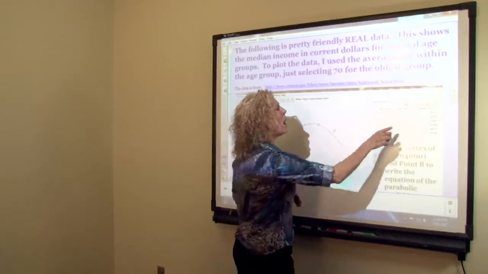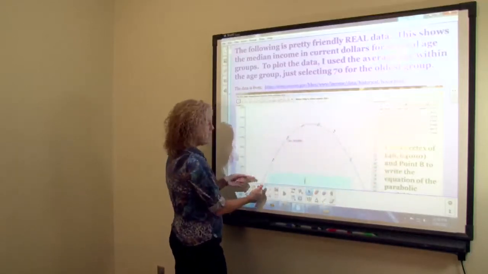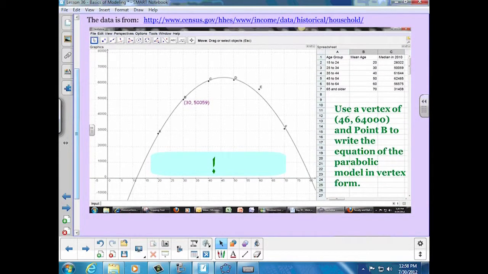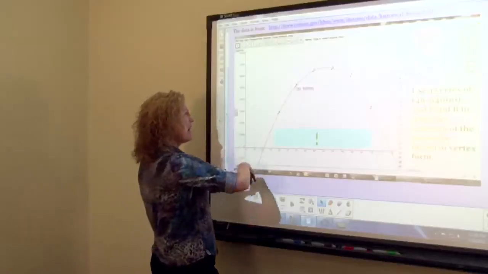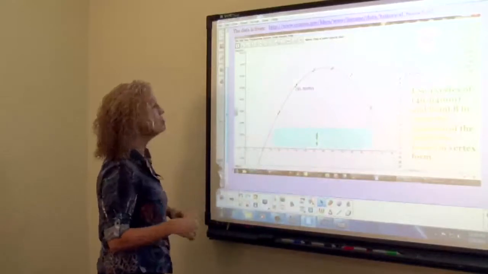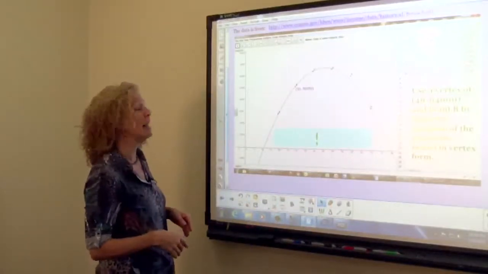So anyhow, I then plotted, and what you're seeing here is the age, and then annual income in the year 2010, okay? And what I did like is that I didn't make up the data, and the data fell pretty much in what I thought would be a quadratic form.